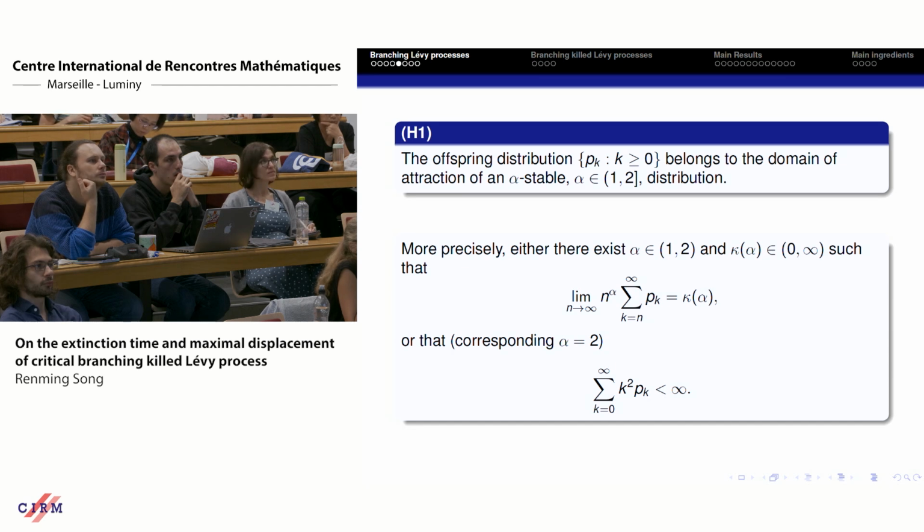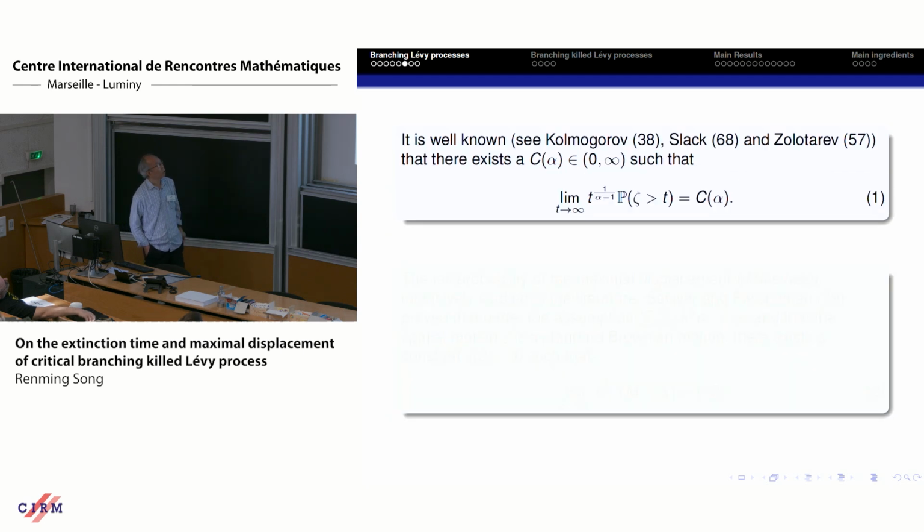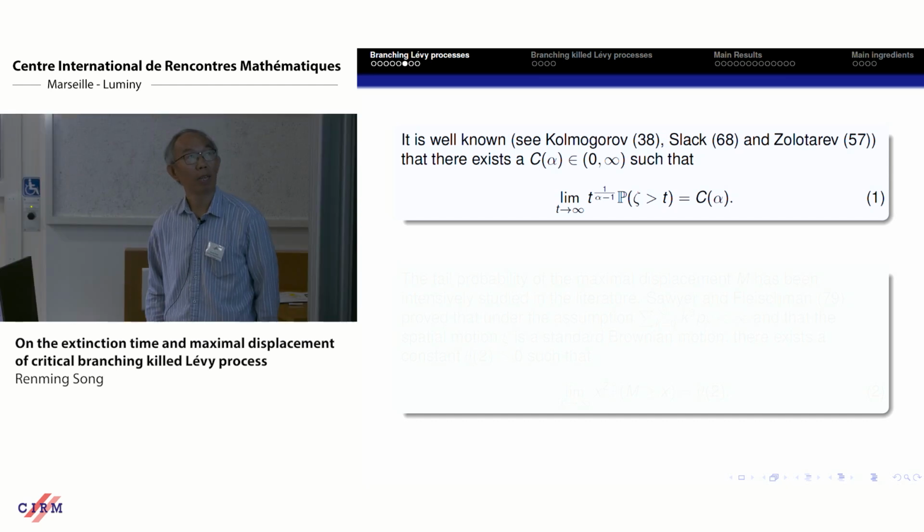That's basically saying that the offspring distribution belongs to the domain of attraction of an alpha-stable distribution, or in the case alpha equal to 2, it's basically assuming that the offspring distribution has finite second moment. So that's alpha strictly between 1 and 2, or alpha equal to 2. Under this assumption, it's well known that the tail of the lifetime, the extinction time, behaves like t to the minus 1 over alpha minus 1. In the case alpha equal to 2, it's basically 1 over t. This is a well-known classical result.